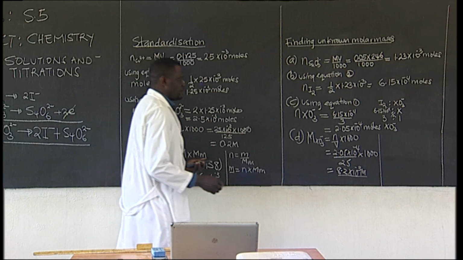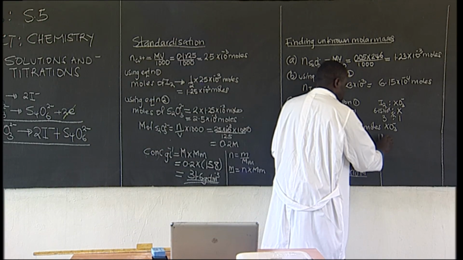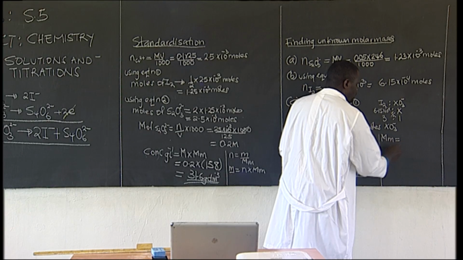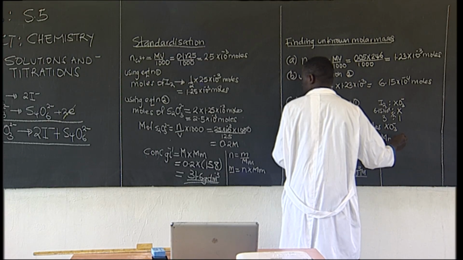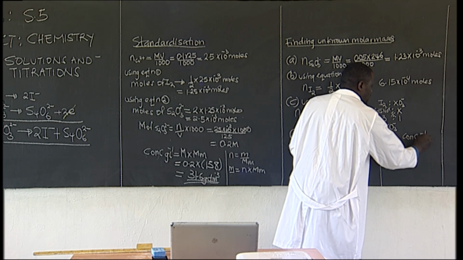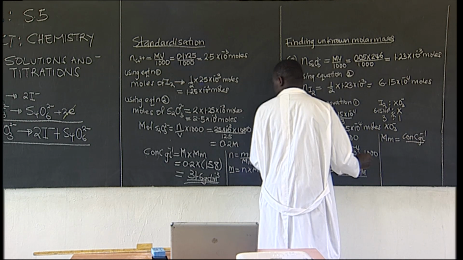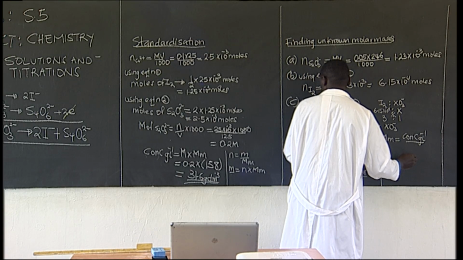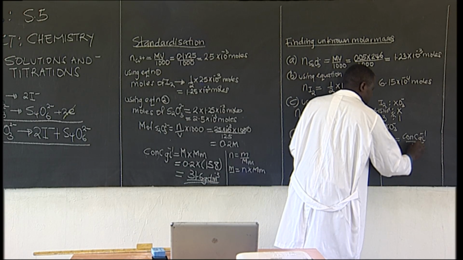We can say that molar mass will equal our concentration in gram per liter divided by molarity.